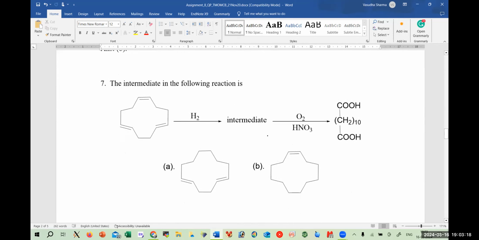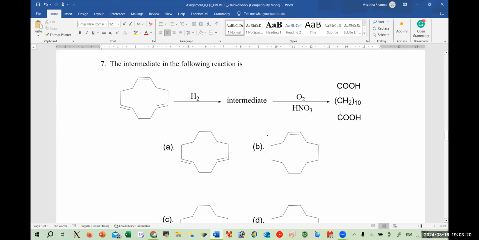Now it has been asked that this is the reaction and you need to identify the intermediate of it. This is the cyclic product from cyclotrimerization of 1,3-butadiene, and we have seen that it is 1,5,9-trans cyclododecatriene.